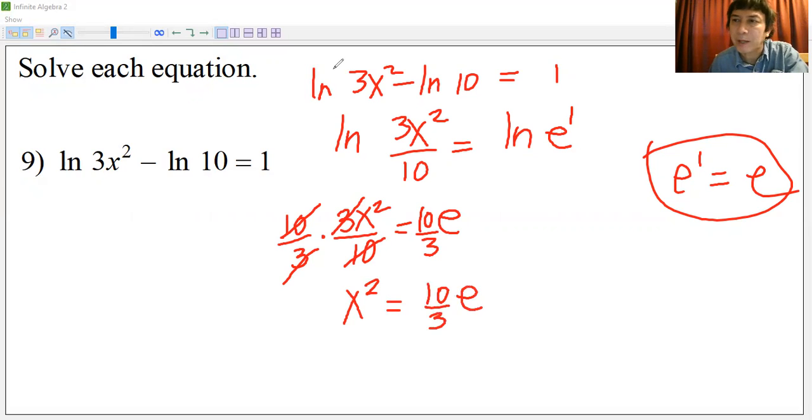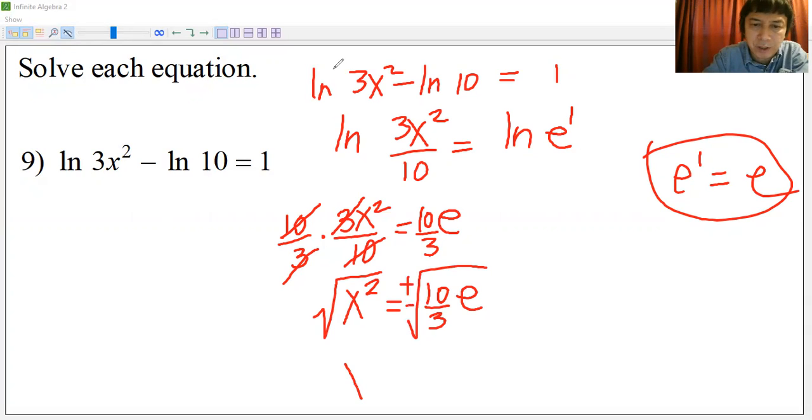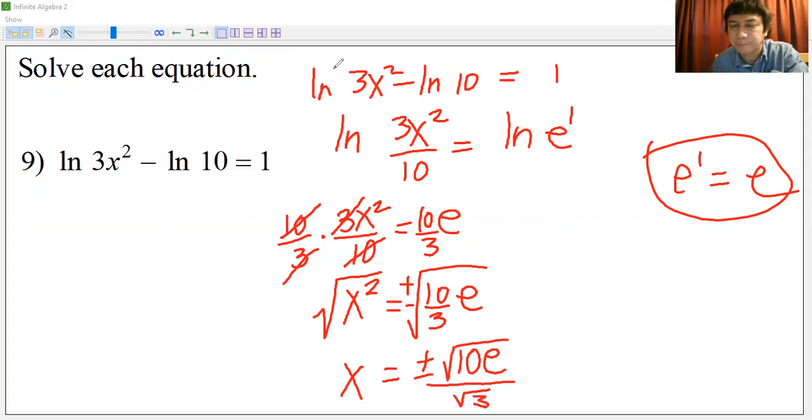And then we will apply square root, all right? The square root and the square root. This will now be plus or minus. And so x is equal to, how much is that? Plus or minus square root of 10e over square root of 3. There. And so we can rationalize this by multiplying it by square root of 3 over square root of 3.